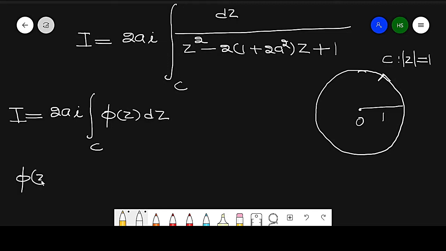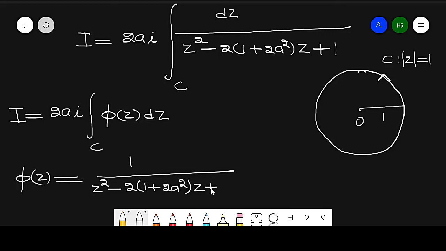Phi of z is 1 over z square minus 2 into 1 plus 2a square into z plus 1, and this has two roots, one root is alpha and the second root is beta. So we will find the roots of this equation, then apply the residue theorem to this integration. This integration is noted as equation number 1.